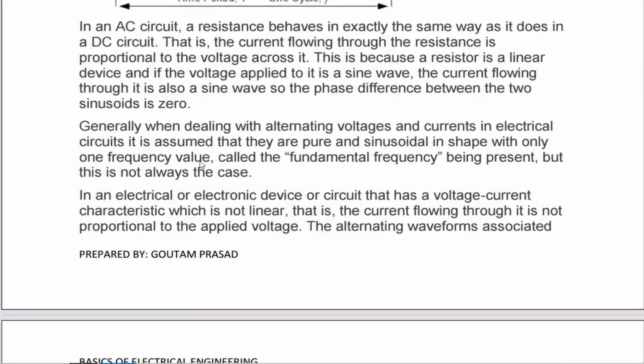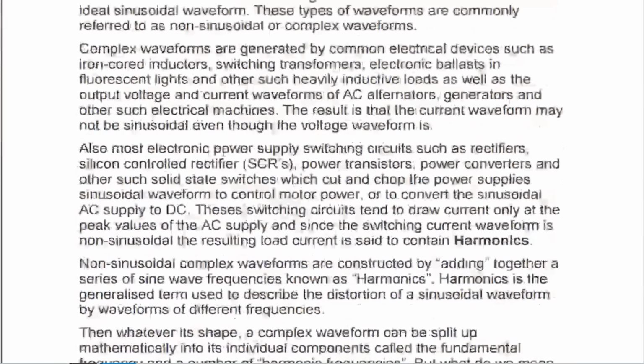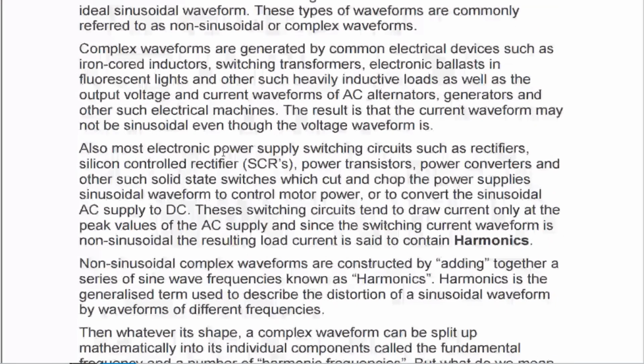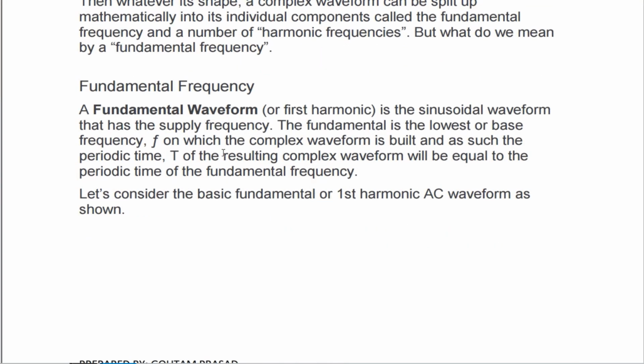But somehow, because of certain types of circuit elements, they come into the circuit and disturb the fundamental wave of the voltage or current, and they need to be eliminated or suppressed in the circuit, because any deviation from the fundamental wave is a kind of loss for you.